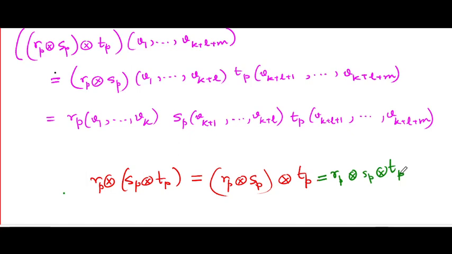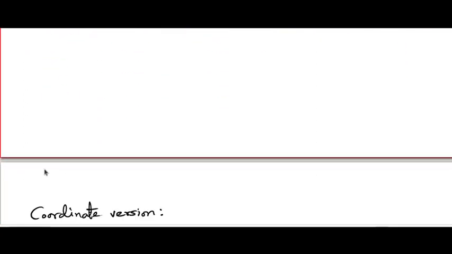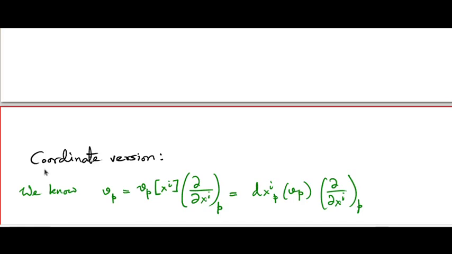We will now make use of these properties of the tensor product to find a representation for a tensor at a point, given that your manifold has a coordinate system. So we are going to look at coordinate representations of tensors now. Since tensors are, after all, maps which take in vectors and produce numbers, let me quickly remind you what a vector looks like once you have a coordinate system.